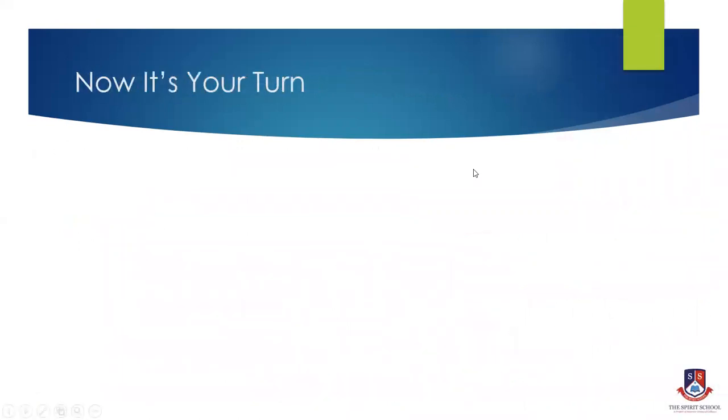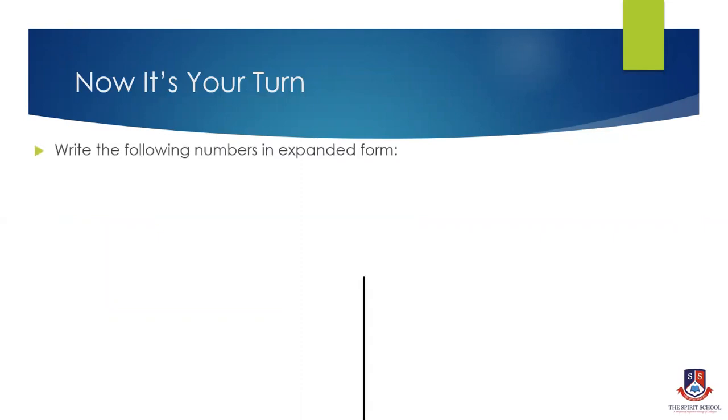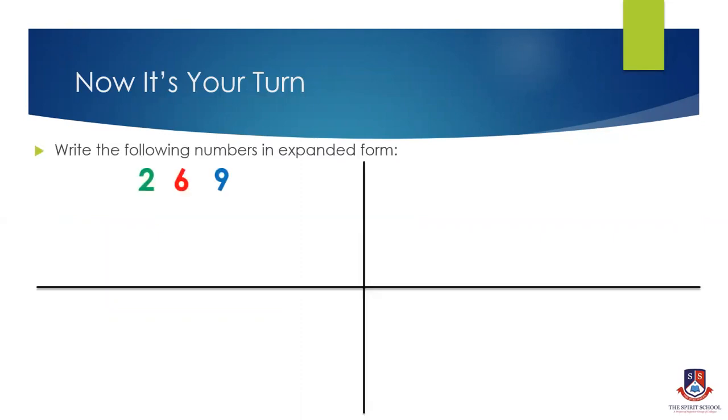So now it is your turn, and here you will write the provided numbers in the expanded form. You are expected to write the expanded form using numeric values, not in words.